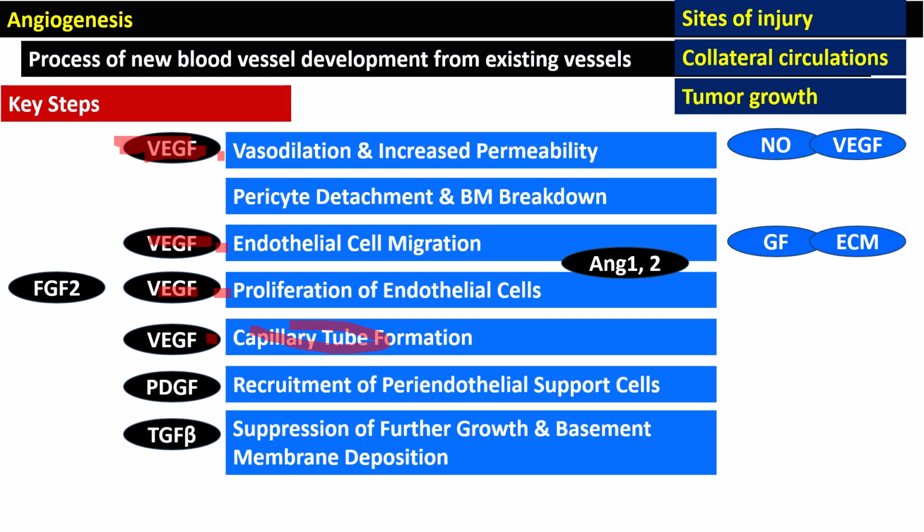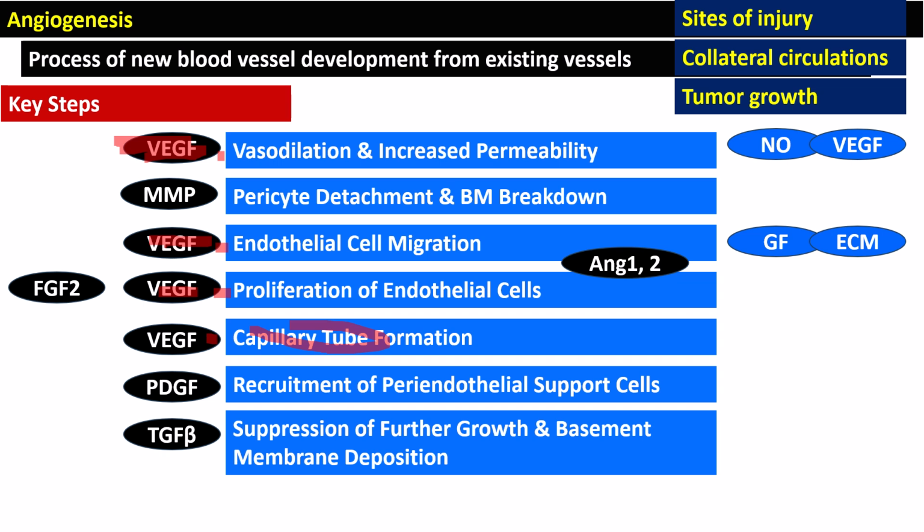They act as a scaffold for the growth, and integrins on the endothelial cell mediate adhesion and signaling. Matrix metalloproteinases, or MMPs, degrade extracellular matrix to permit vessel extension and remodeling.